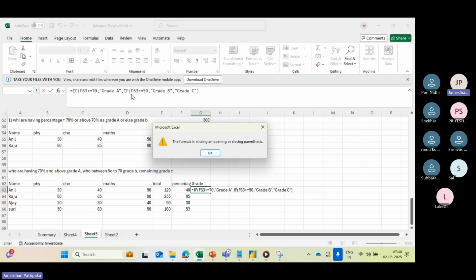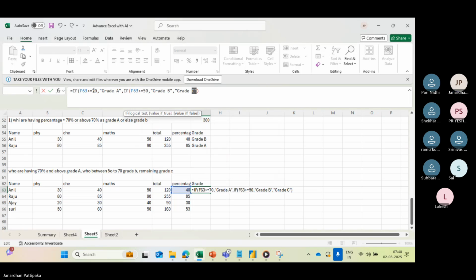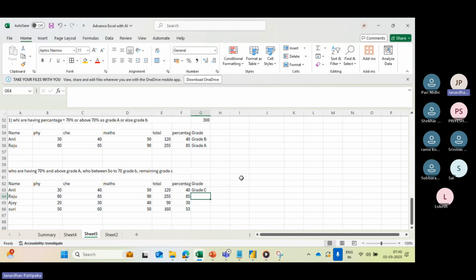We opened one parenthesis for the first IF, and for this one we opened one more parenthesis. While closing, we kept only one. So let us try to close this parenthesis and click on it. The error we got is because I opened one bracket for this, and for this also I opened a bracket. While closing, I closed only one bracket here, and for this opened bracket I also need to close. That's why we got the error.